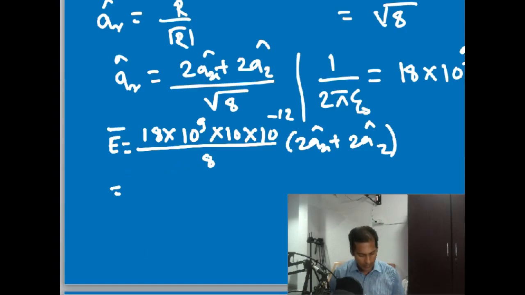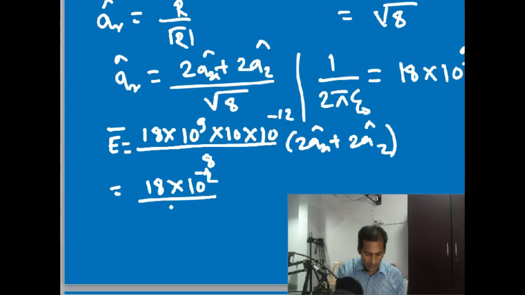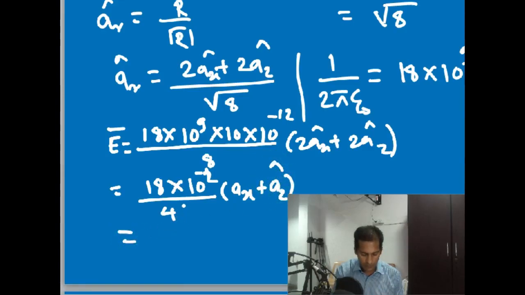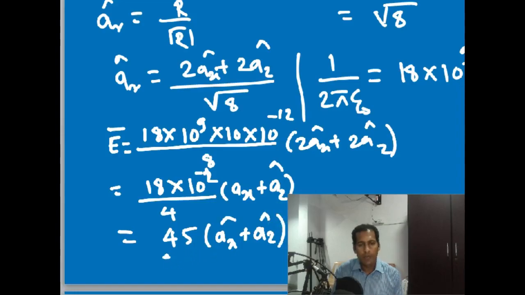If we calculate this, I will write down the answer so you can tally it with your calculator output. This should be equal to 18 into 10 to the power minus 12 divided by 4 into ax plus az cap. Further, if we simplify it, we get 45 into ax plus az cap. So this will be the answer for this question.